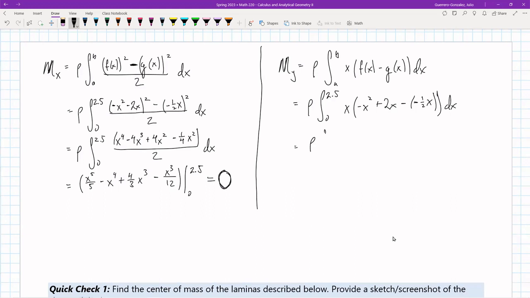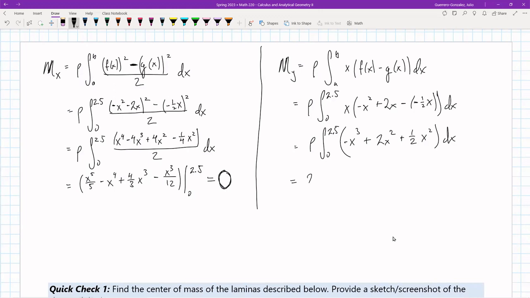So it's going to be rho times the integral from 0 to 2.5 of minus x cubed plus 2x squared plus 1/2 x squared, you put parentheses here, dx. Here I'm going to go ahead and add in my rho.